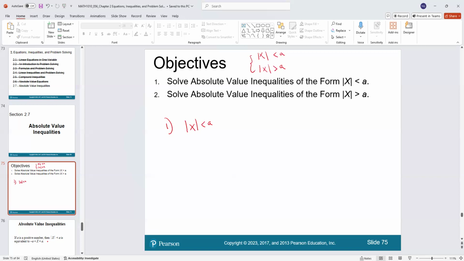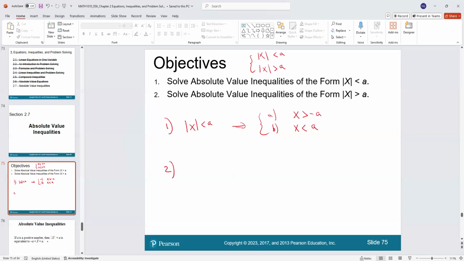For this one, we're going to have two inequalities. The first is where x would be greater than negative a, because x should be greater than a negative number, and the second, where x would be less than a. Now, we're going to solve these two inequalities.